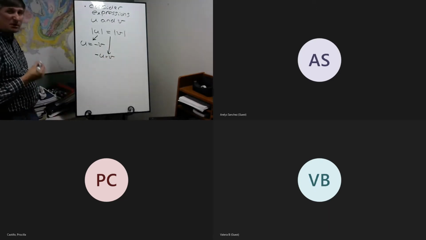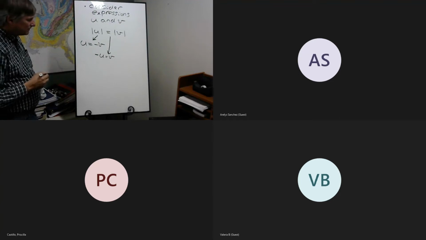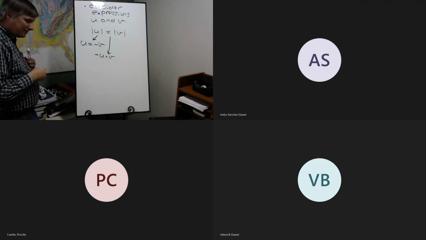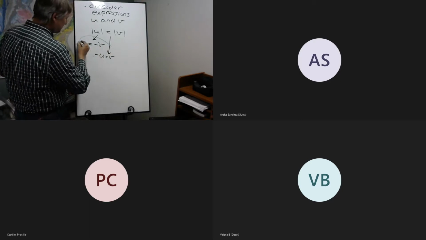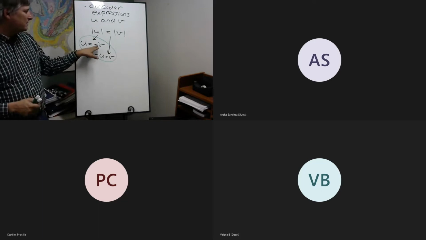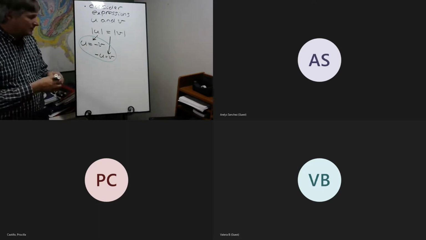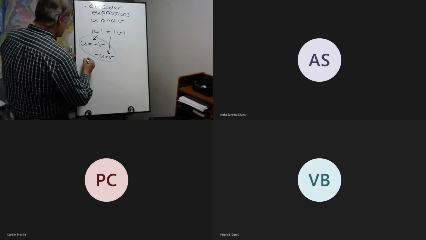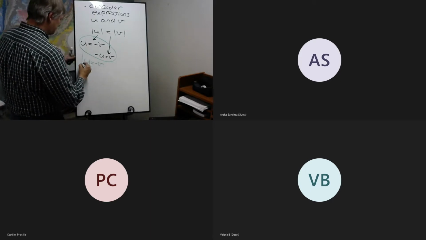We could shift the negative to the other side. But if we think about these two options, they're really the same thing. All we're doing is moving the negative from this side to this side to get this. They represent the same idea. So we'll just call this u equals negative v.